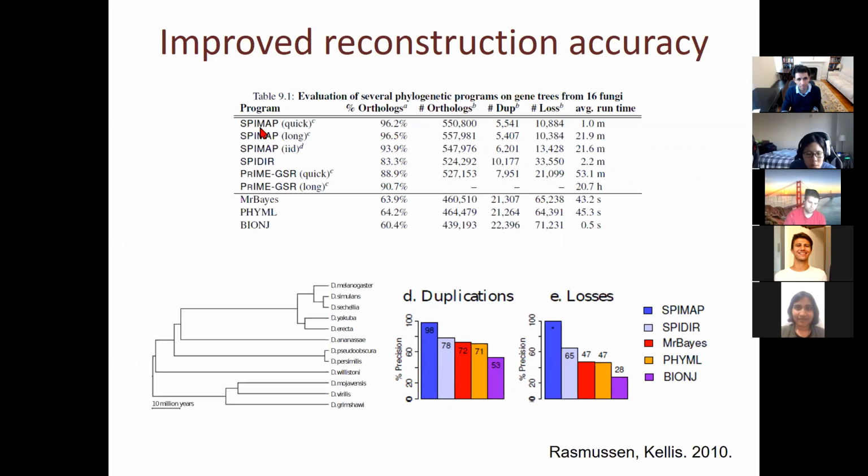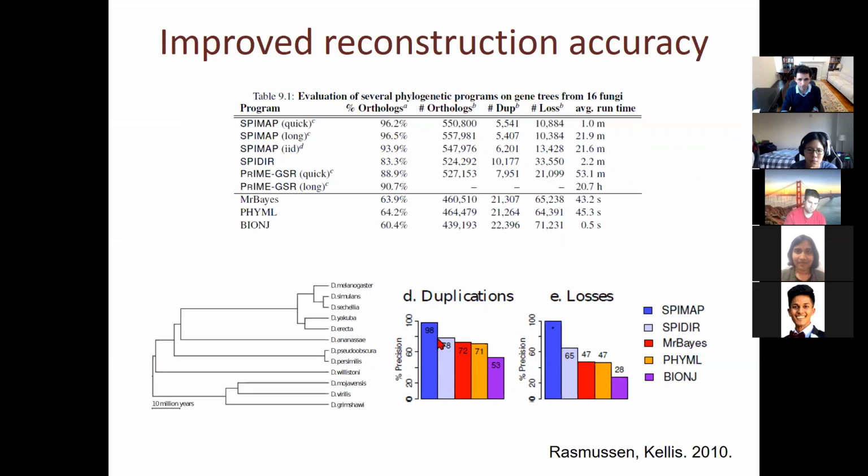And then this SPIMAP method, this maximum a posteriori species-informed method, using different settings, a quick search or a long search, is in fact inferring a fourfold reduction in the number of duplications and losses, and a dramatically higher number of orthologs and paralogs. So it makes a very big difference to be able to incorporate the species tree in inferring the evolutionary scenario of every gene in the genome.